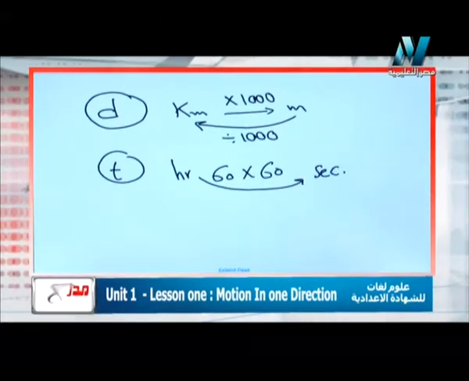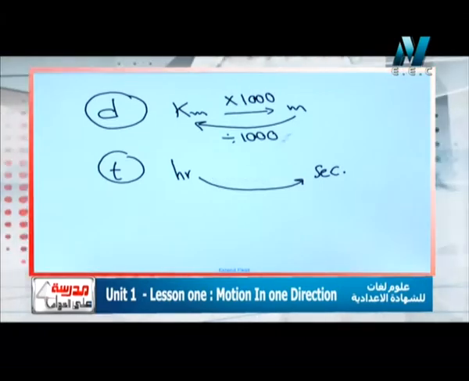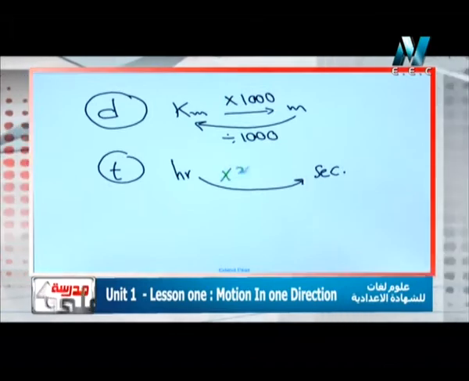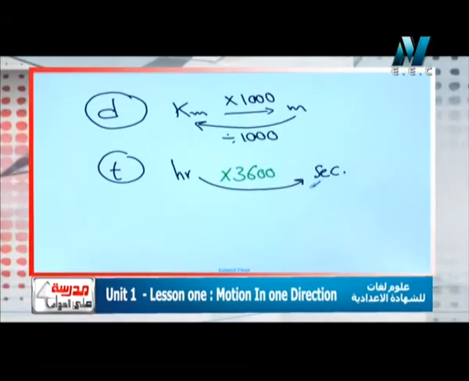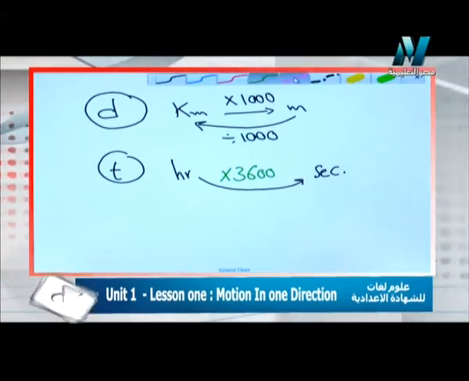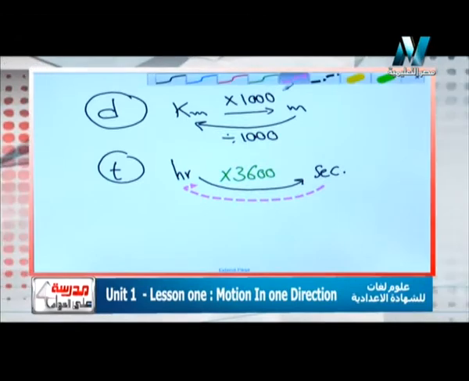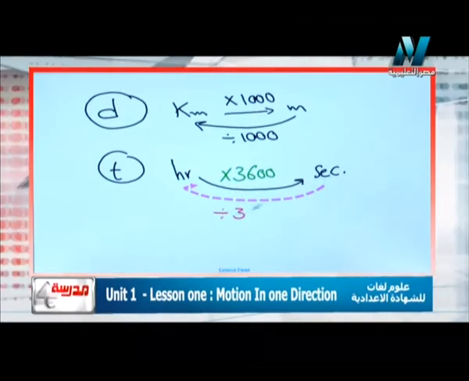From hour to second. Or maybe we can use one time as multiply with 3600. صح؟ طيب. And at the same time, from second to hour, we divide. هعمل divide ايه؟ أكيد the same number as 3600.